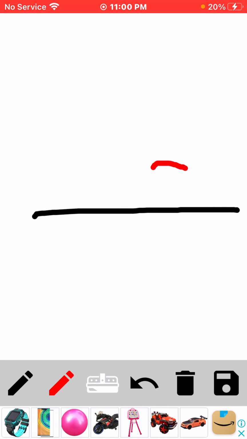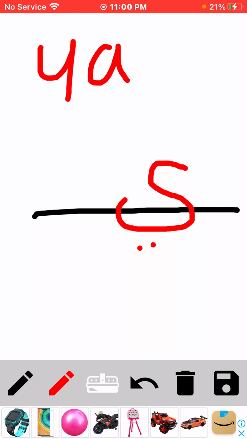Look here, my dear friends. We write it like this, and usually we put two dots under it. Okay, this is letter yeah, and its sound is yeah, the same as its name.